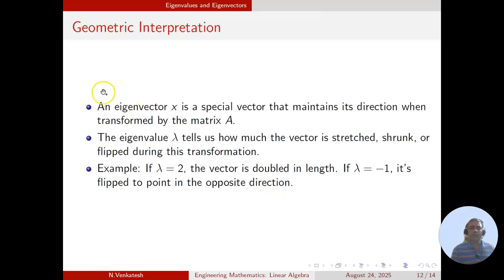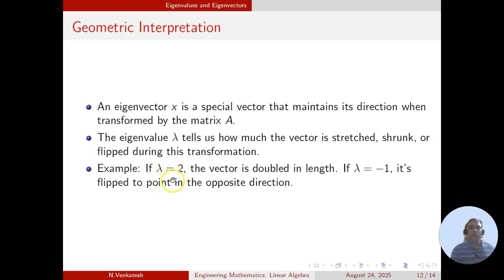Now what is the geometric interpretation? So you consider an eigenvector as a special vector. When we are doing a transformation with x, it maintains its direction, but it is simply either stretched or shrunk or flipped during the transformation.